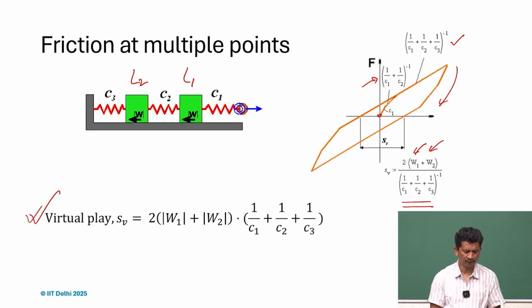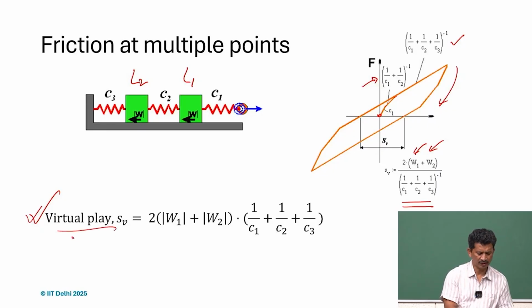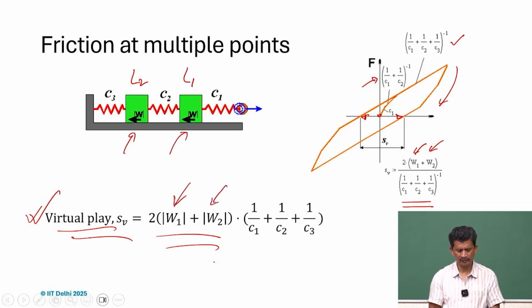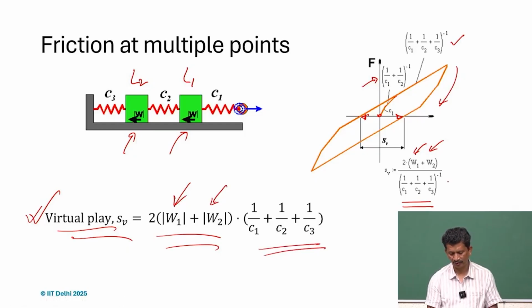When we try to find the overall uncertainty or virtual play, we realize that it is 2 times the friction values, W1 and W2, into the effective stiffness, divided by the effective stiffness. So the inverse we see here.